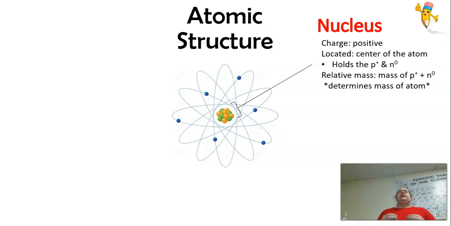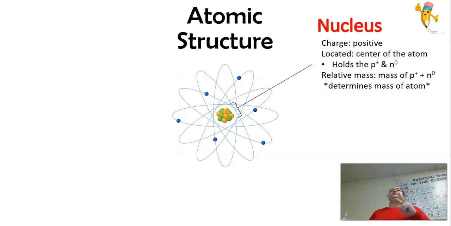Now, here's the thing. Your protons are going to determine what element you have. The protons and the neutrons are going to determine the mass of that unit, which will in turn determine if it's an isotope of that atom. So you can change the number of neutrons and still have the same element, but if you change the number of protons, your element's going to change.